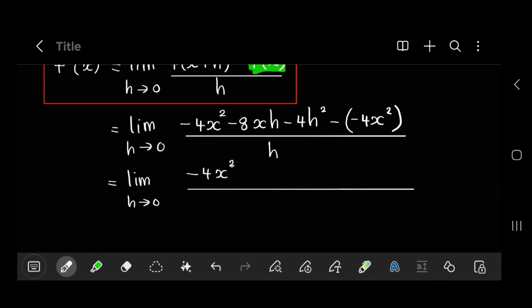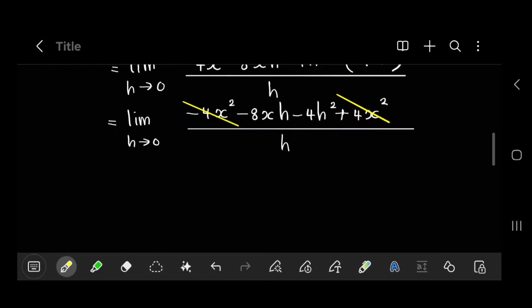So our first few terms would stay as is, but our last term now becomes, we've got negative times negative 4x squared, that becomes positive 4x squared, and in our denominator we've got h. At this point, you notice that you've got negative 4x squared plus 4x squared.